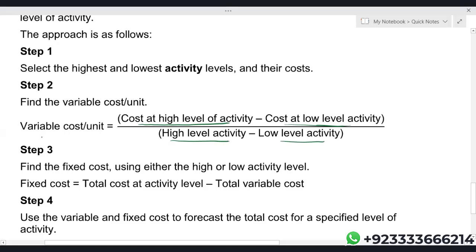It simply gives you the variable cost per unit. Then total cost at activity level minus total variable cost will give you the fixed cost. So the main purpose of the Hilo method is to separate the semi-variable cost into its components, variable and fixed cost.